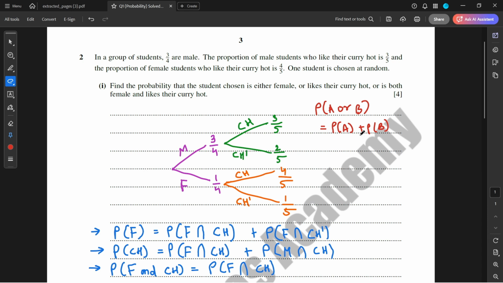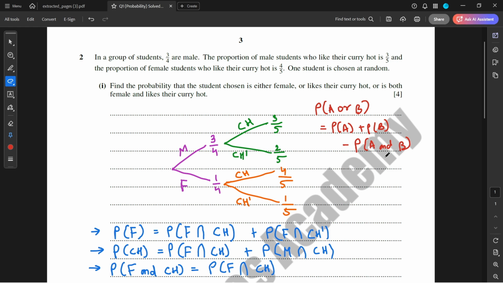In doing so, I know that there will be an overlapping part that will be added twice, and that is why I'm going to remove one of the overlapping parts. This is a simple concept that we learn when we talk about mutually exclusive and non-mutually exclusive events. So if you're not really sure about this concept, I really recommend you first learn it and then attempt this question.